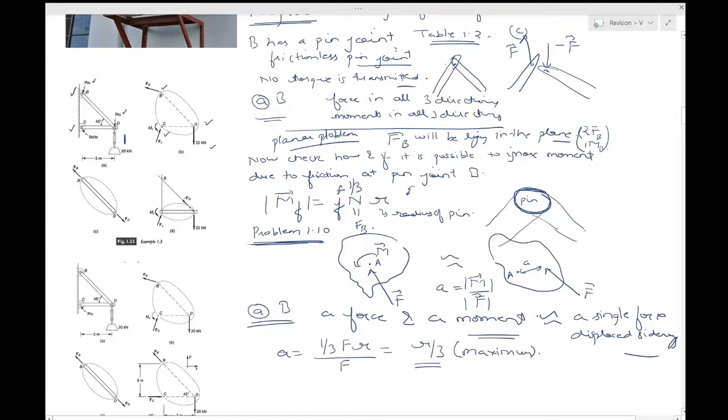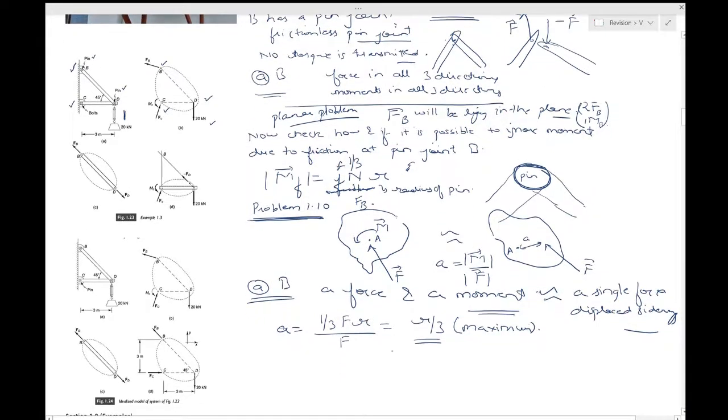Why maximum? Because when you write the friction to be acting in this form, you are assuming that friction acts at its maximum value. So you are taking the worst case scenario. This means that the greatest effect of friction at the pin B would be to displace FB sideways by 1 by 3rd of the pin radius.